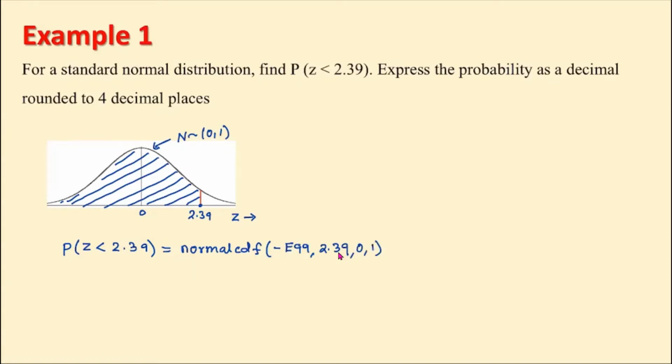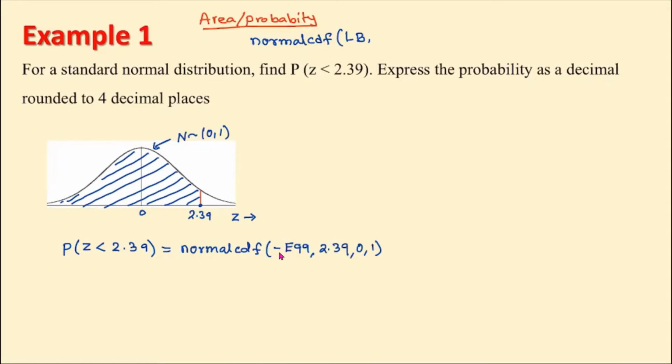So always remember, if you want to find the area or probability using TI-84 calculator, then we have to use the normal CDF in our calculator. So we use normal CDF, the lower boundary for the area.